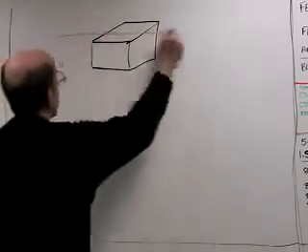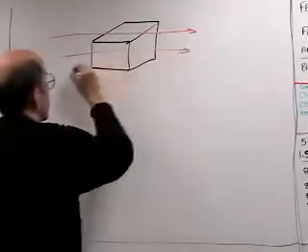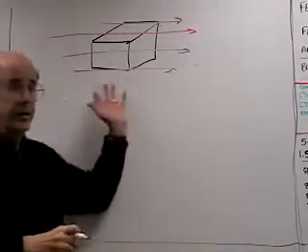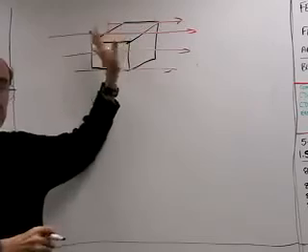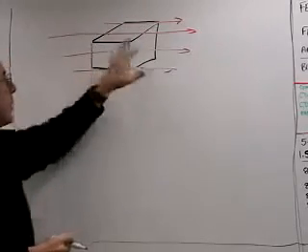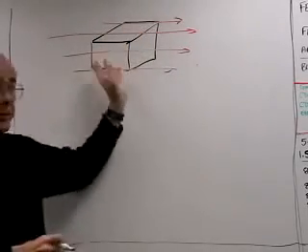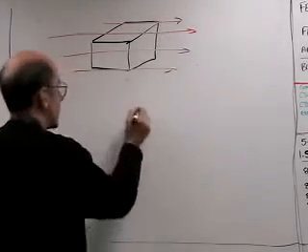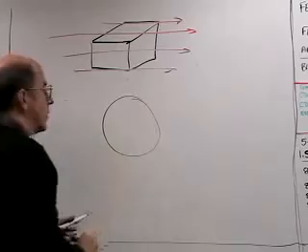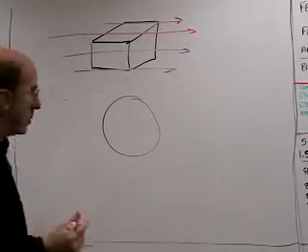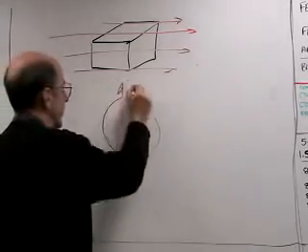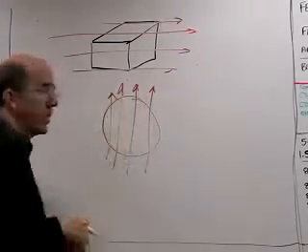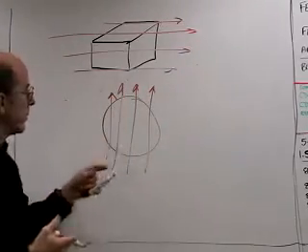So I could have an electric field that penetrates through the cube, and I can define a total flux for the entire cube dependent upon the flux that goes through each one of those 6 surfaces. Or I could have a sphere in space, a 3-dimensional sphere, and if I have an electric field through that, I can define a flux going through that sphere.